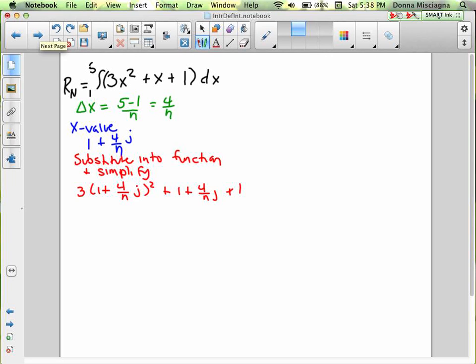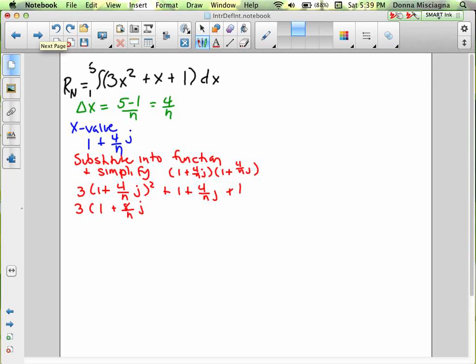So now let's simplify. We have 3 times (1 plus 4 over nj) times (1 plus 4 over nj). If it helps, you can write it separately. 1 times 1 is 1. We would have 4 over nj times 1, but we'd have 2 of them, so 4 over n plus 4 over n is 8 over n, because we add coefficients when we add like terms.